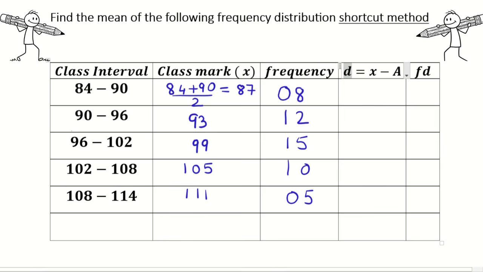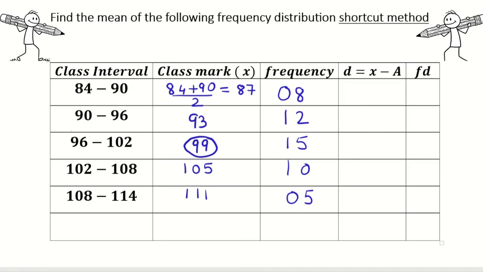Now I don't know what the mean of this class interval is, so I will assume. But every time the assumption is not correct, students. This is my assumption: I can assume 99 as my assumed mean. So I'll assume 99.